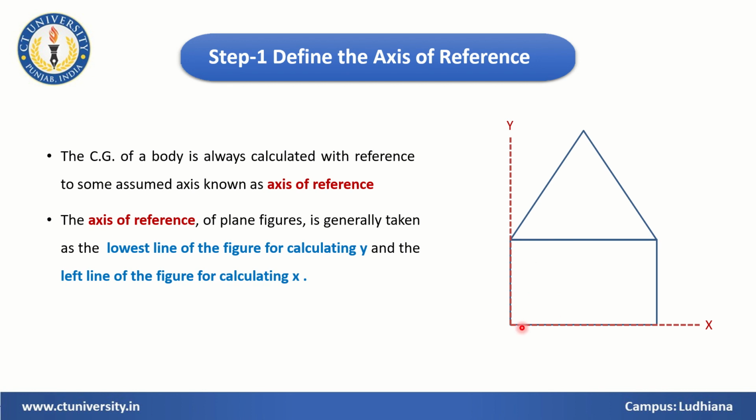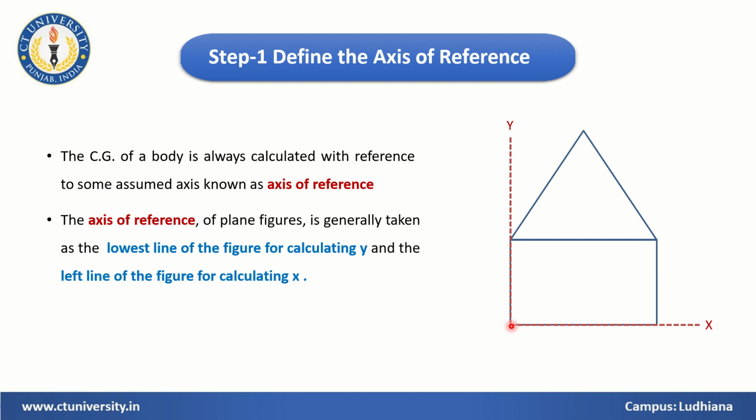For example, here it is shown in this red colored dotted axis. One is the x line and the other is y. These are the two axes, x and y axis. These will be our axes of reference, right? And generally we take the lowest point or line of the figure. So this is the lowest point, right?